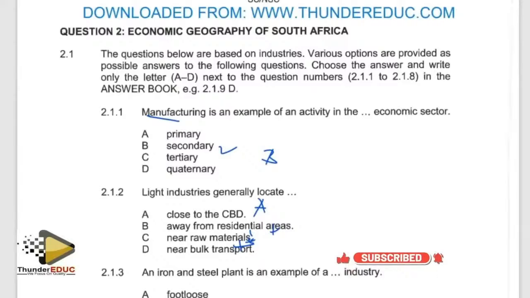Okay, 2.3. We're looking at 2.3. An iron and steel plant is an example of which kind of industry?